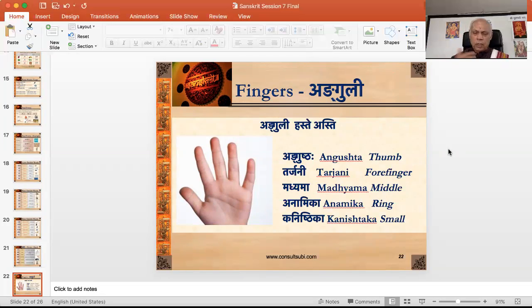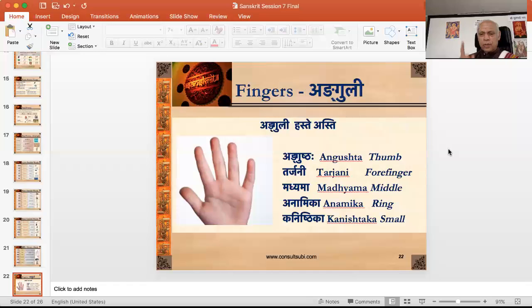In fact, they call the person an anguti wala, somebody who is illiterate, who doesn't know how to write. The forefinger is called tarjani. It's very interesting. Tarjani means to threaten somebody. Threatening.